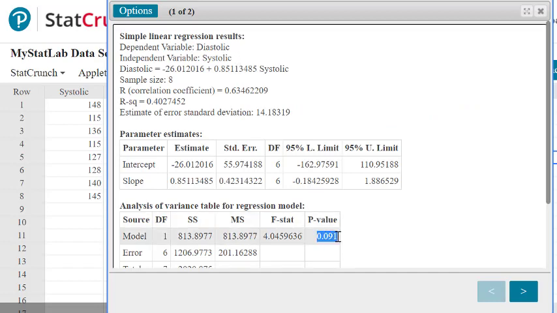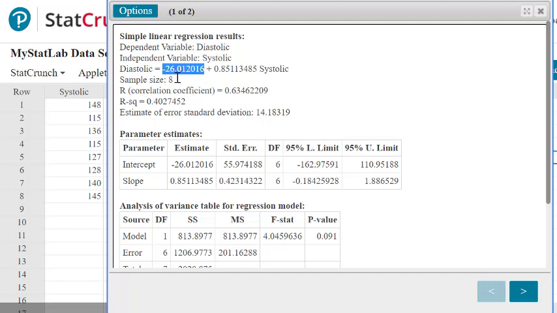It looks like it would be close if you had a 0.10 significance level, but we're looking at 0.05, and so this is bigger. And if it's bigger than that, we're not able to reject the no correlation null hypothesis. So I would say no correlation for this, which will be an important factor for us in making our decision and finding the prediction. But for now, let's take a look at the line.